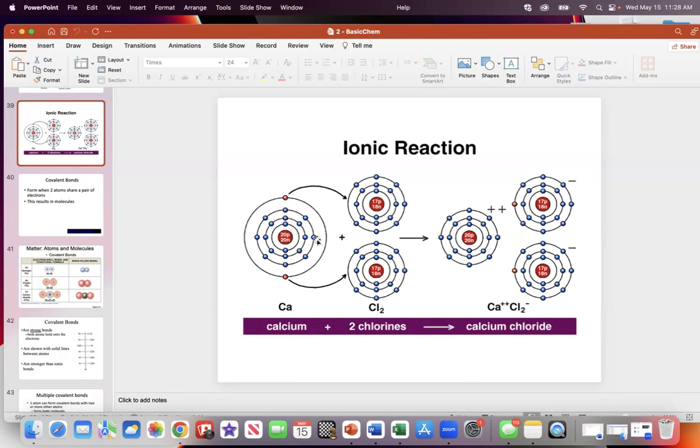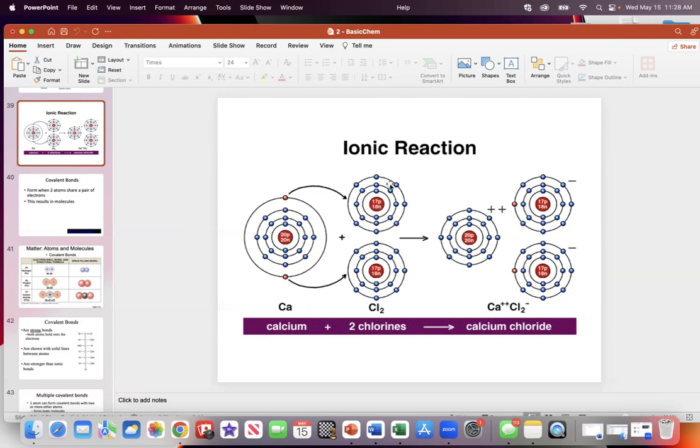And 2 more outside calcium. It's much easier to give those 2 electrons away than gaining 6 electrons. So calcium loves to give these 2 electrons away. And when calcium gives those 2 electrons away, it becomes a calcium ion, which has positive 2, because it has 2 more protons than electrons.